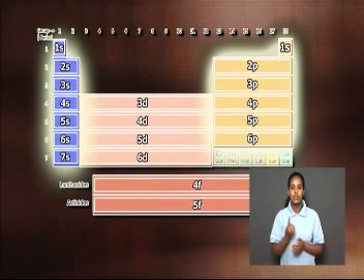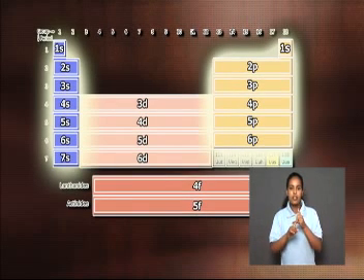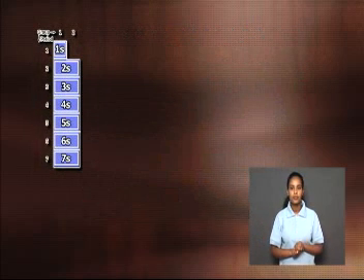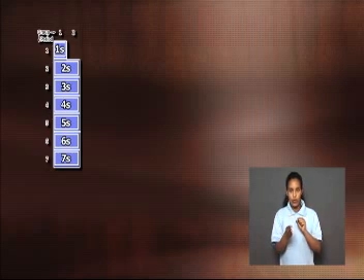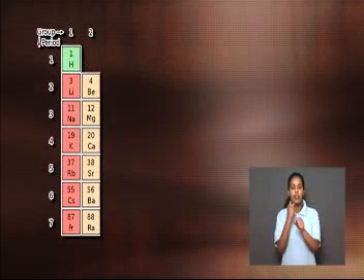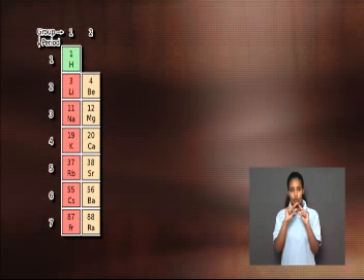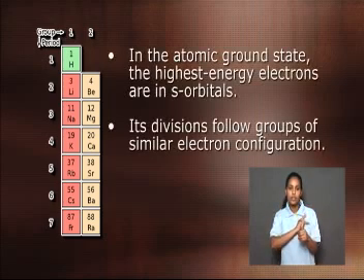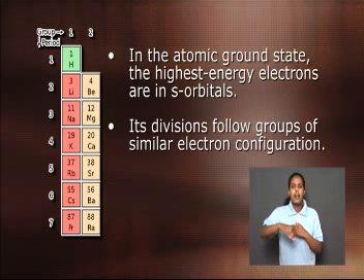The chemical properties of these elements are determined by the number of valence electrons in their atoms. The S block of the periodic table is made up of the first two groups. The elements in these two groups are distinguished by the property that, in the atomic ground state, the highest energy electron is an s orbital.